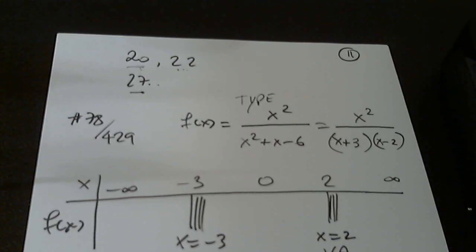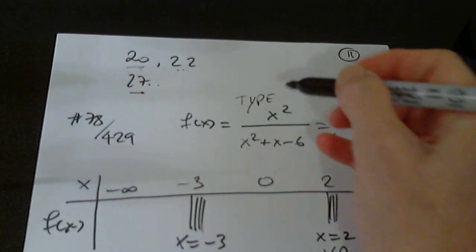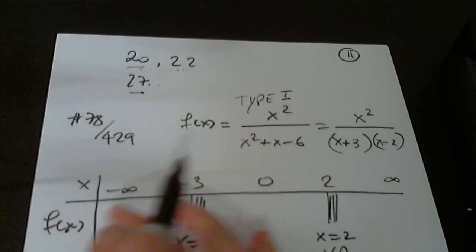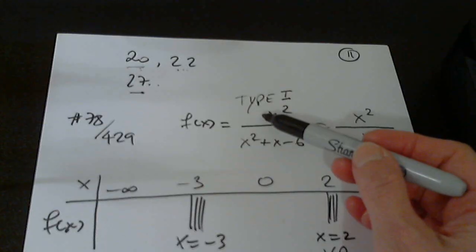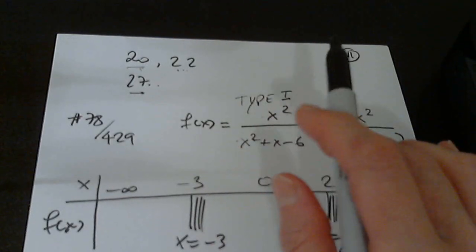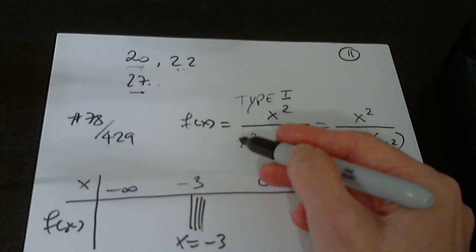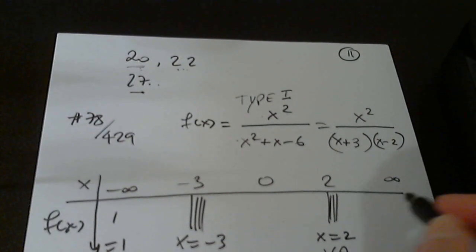It's type 1 because it's the same degree over same degree. So it is type 1. And then what would be the horizontal asymptote if it's type 1? Leading coefficient over the leading coefficient. So y equals 1 is the horizontal asymptote.